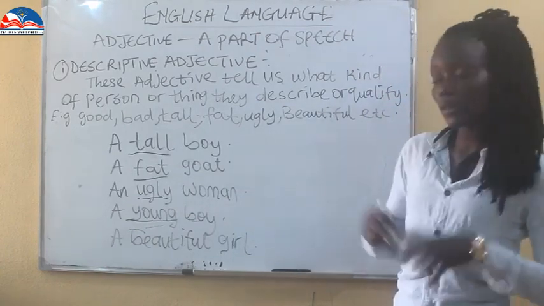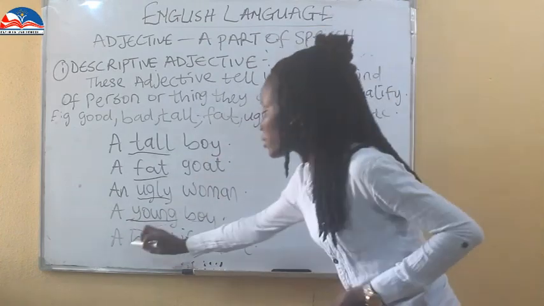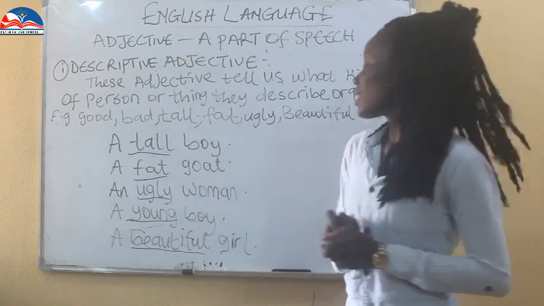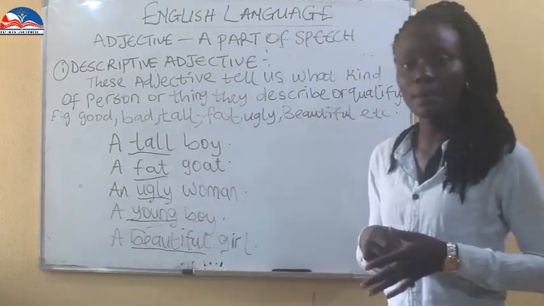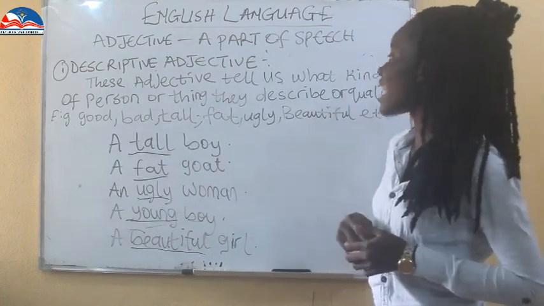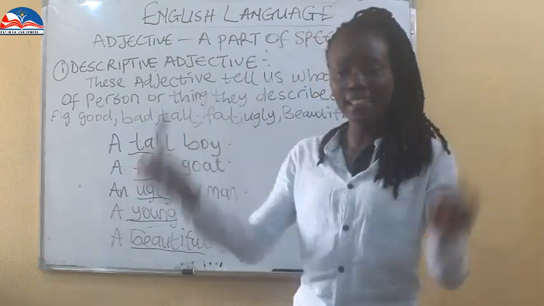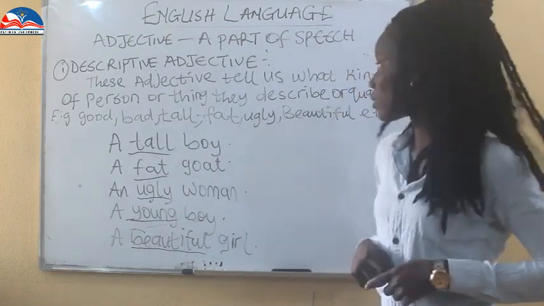A beautiful girl. Beautiful is a descriptive adjective because it is describing the girl you're talking about. It's describing the thing you're talking about. Descriptive adjective tells us the kind of person or a thing. It describes the person you are talking about.